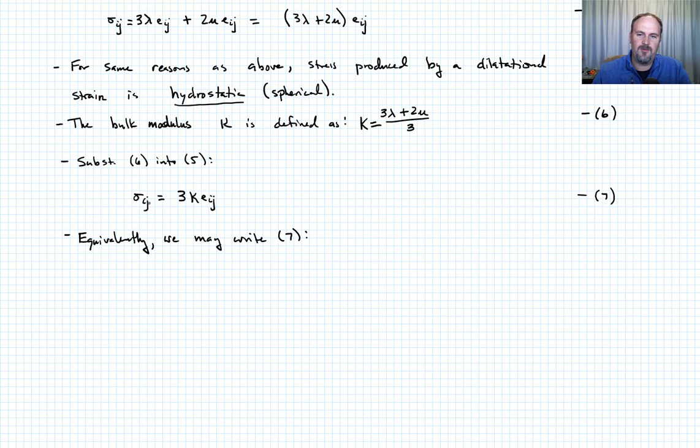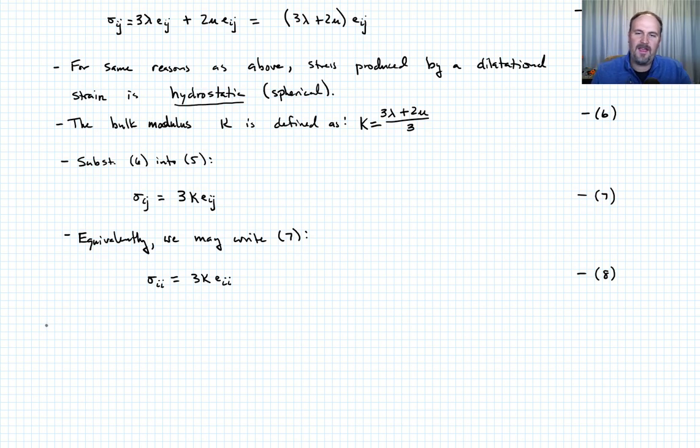So instead of sigma ij, we could write sigma ii. Then that's 3 times K times epsilon ii. Call that equation 8. That's equivalent, and we also haven't lost any information, because those quantities, sigma 1, sigma 2, sigma 3, and epsilon 1, epsilon 2, epsilon 3, are all the same.